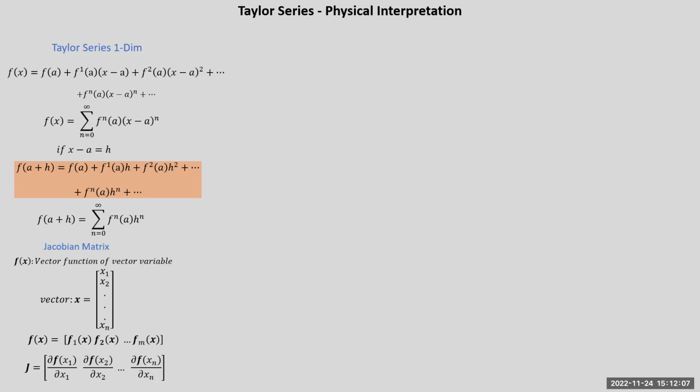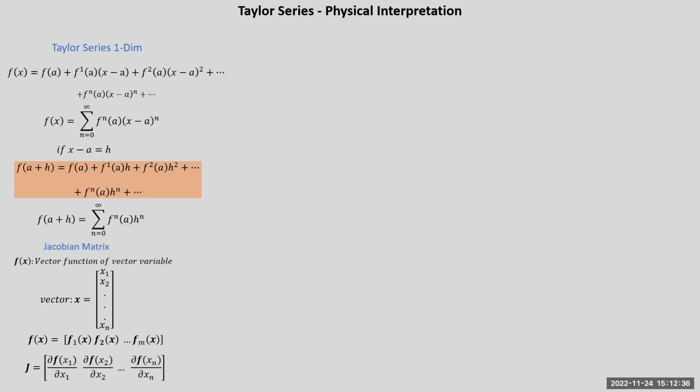Now here, this is a very important matrix which is called the Jacobian matrix, and all three concepts of vectors are combined here: the derivative of a vector function, and the derivative operator itself as a vector, which we had seen in our previous lecture.